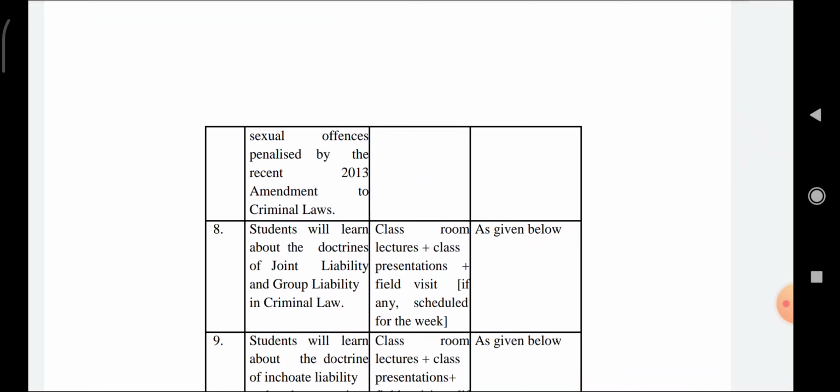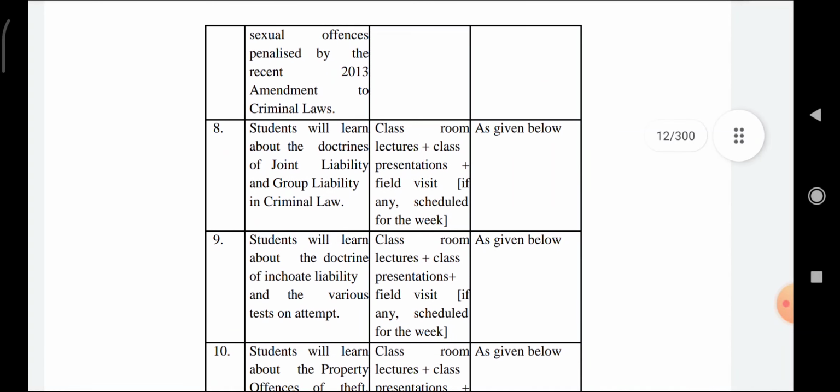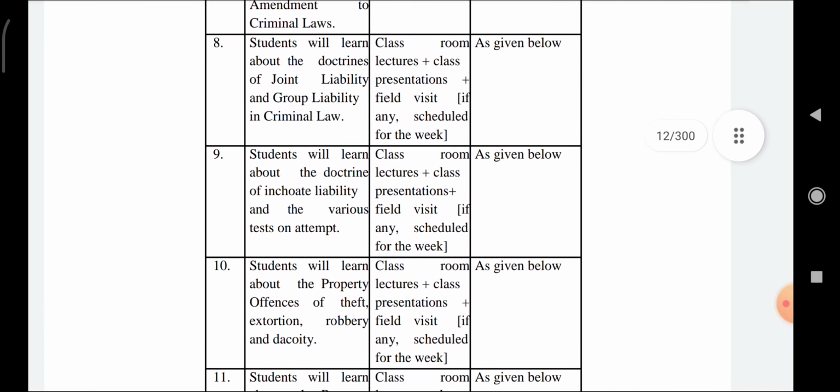From unit 8, students will learn about the doctrines of joint liability, common intention, and group liability in criminal law. From unit 9, students will learn about the doctrine of inchoate liability and the various tests on attempt, that is 511.